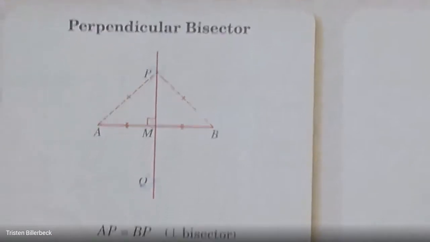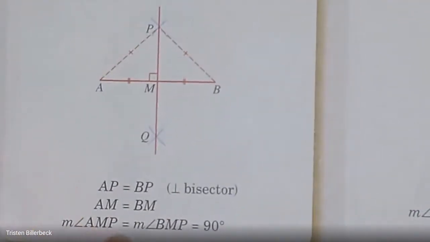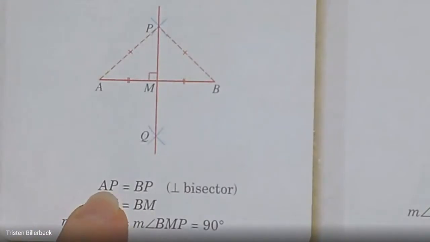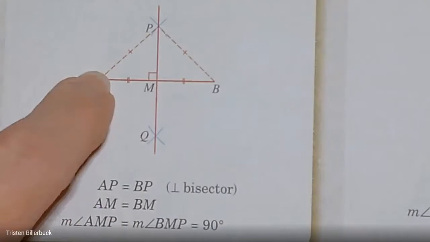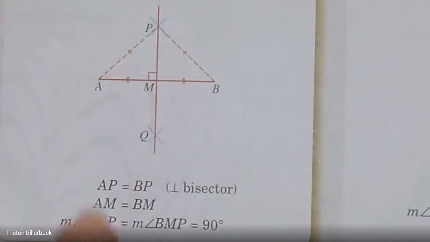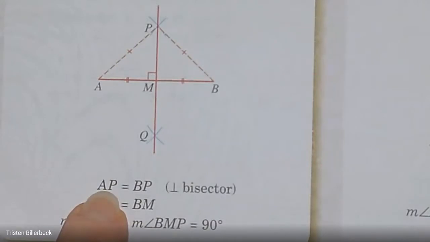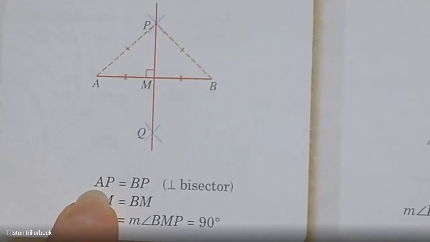So there are certain properties that come up with a perpendicular bisector. So we have the measure of line segment AP equals the measure of line segment BP. If you notice there's no bar over this AP and BP, that's because we're talking about the measure of the line segment AP equaling the measure of the line segment BP.